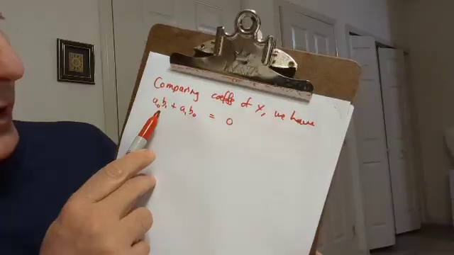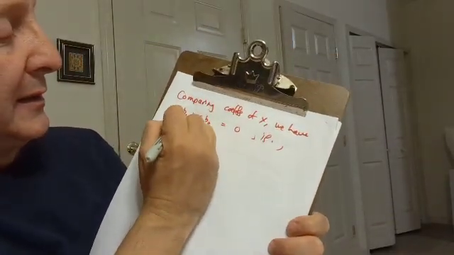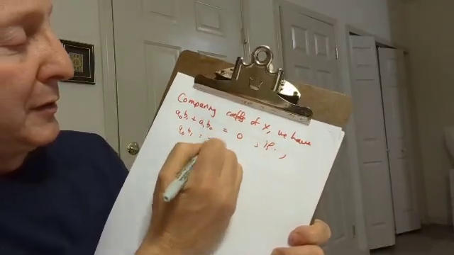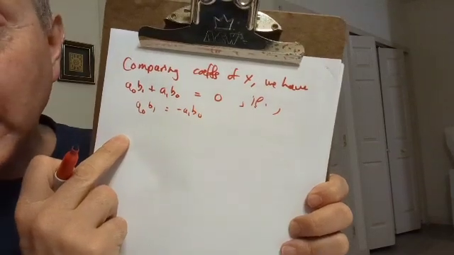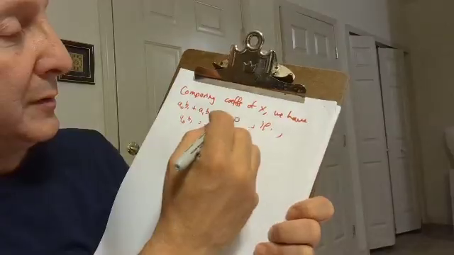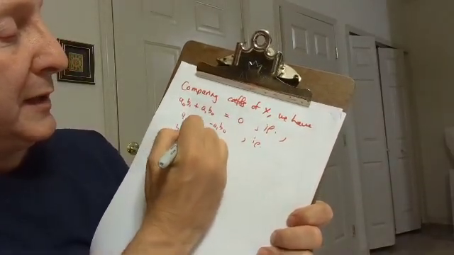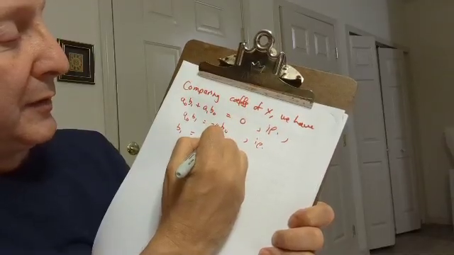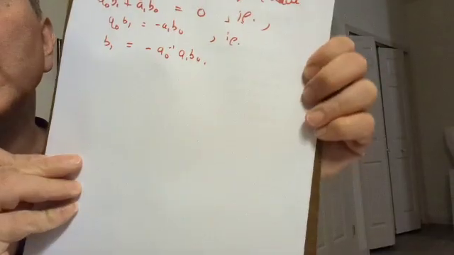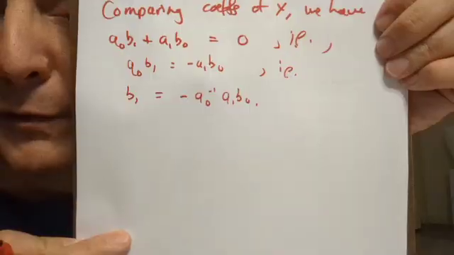So if we can solve for that, and I think we can, let's see. a0 b1 equals negative a1 b0. But a0, the constant term, is supposed to be invertible in R, so we can multiply by the inverse and get b1 equals negative a0 inverse a1 b0. So I guess we just solve for b1. Now let's see if we can solve for b2.